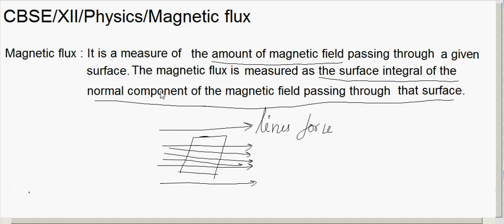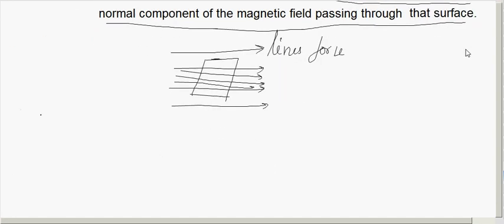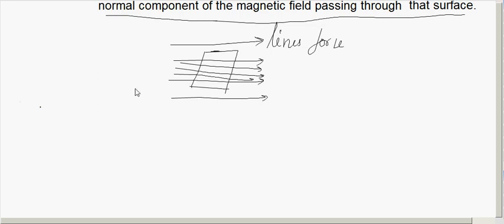I'll explain this second term, how you can calculate this. Before that, we know now that the magnetic flux linked through a surface is the number of magnetic field lines cutting through the surface. Hope you understood the definition of magnetic flux.